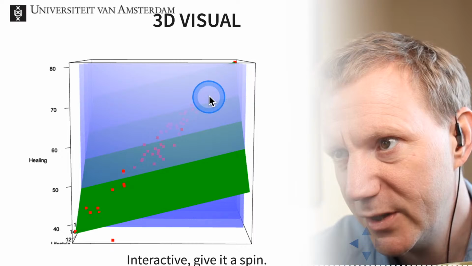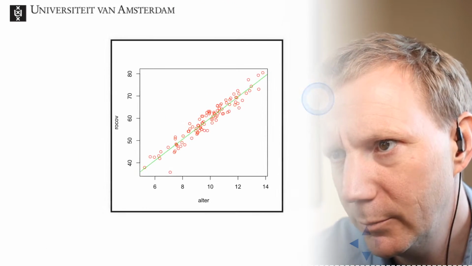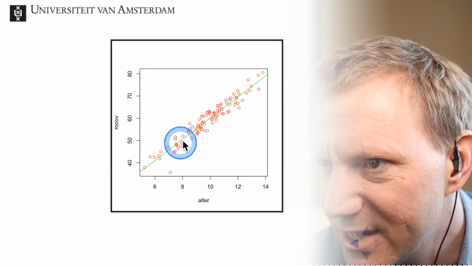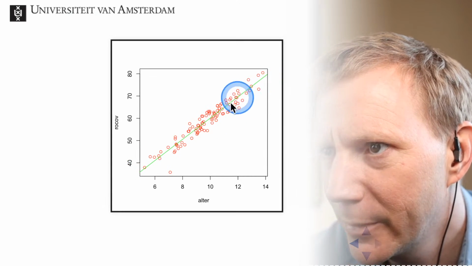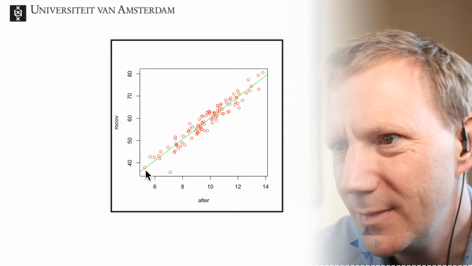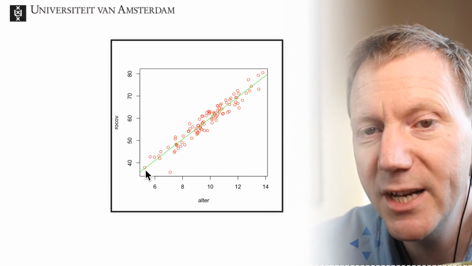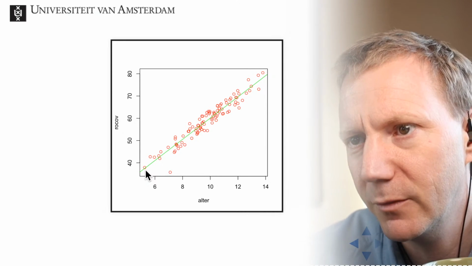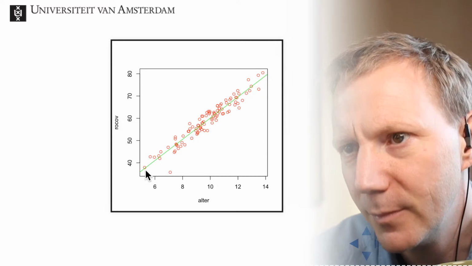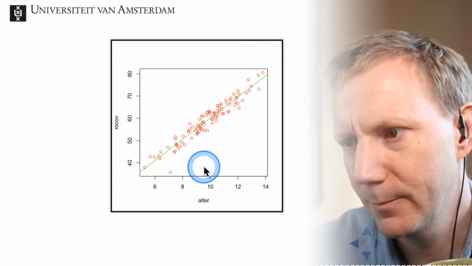The beta coefficient of this green line is 4.7 or 0.7, what was it? So this is quite a large relation that we see between the predictor variable and the outcome variable, between alternative medicine and the speed of healing.